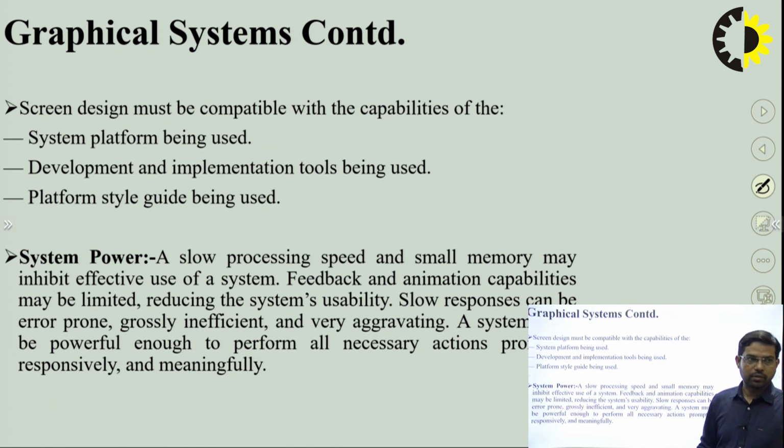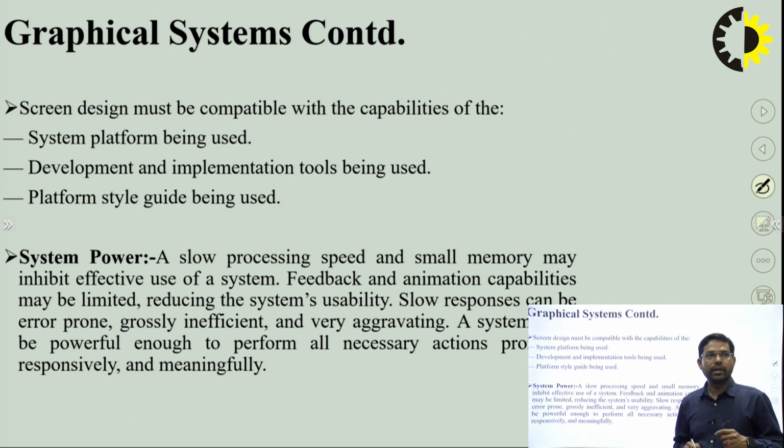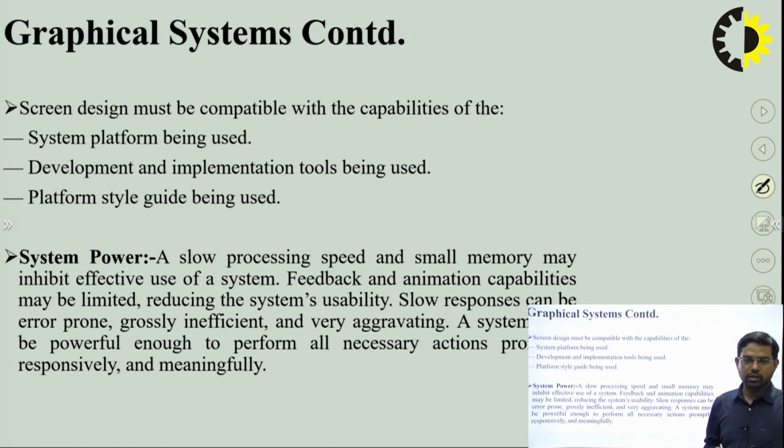First is system power. In the previous era, 10 to 15 years back, the maximum power was the Celeron processor, with very small speed and only 128 MB of RAM in those PCs, with Windows 95 and Windows 98 running on them. So processing speed was very slow and memory small in the previous systems.